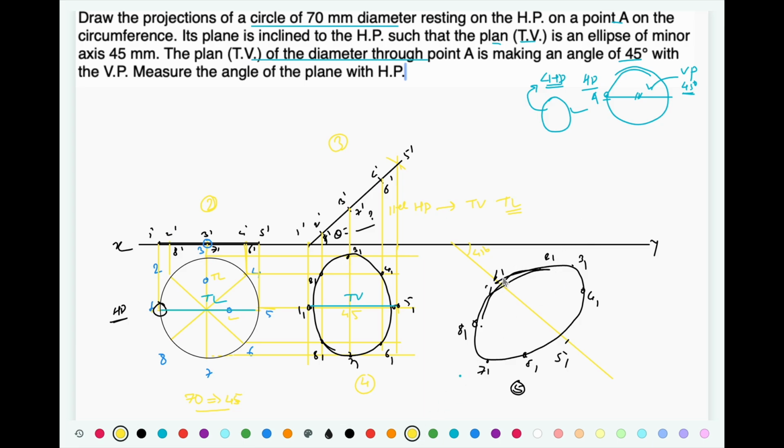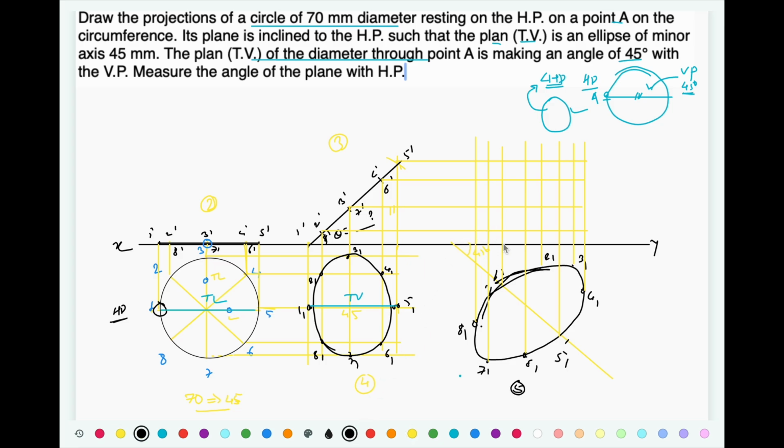Now project all the points for the front view. Let me erase these things that we have written. Project all the points for the front view as well. Now connect the respective points.